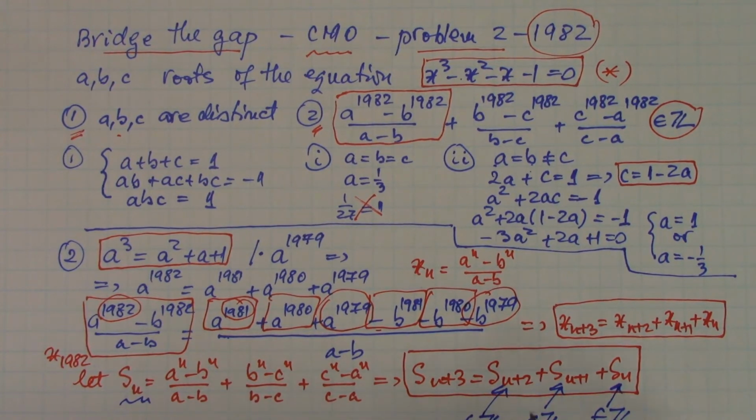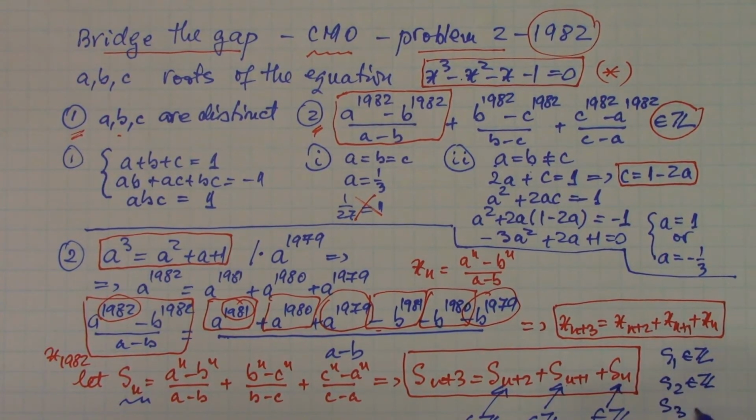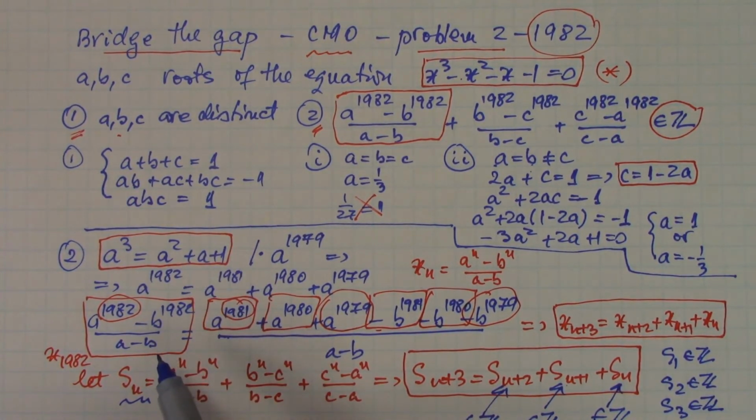Now, because this recursive relationship depends on 3 previous terms, it's not going to be enough to prove that S1 is an integer. We also have to prove that S2 is an integer and S3 is an integer. So prove these relationships, which can be easily done by using Vieta's relationships. Again, basic knowledge. And then set up your induction, which is going to be no problem, and the work is done.